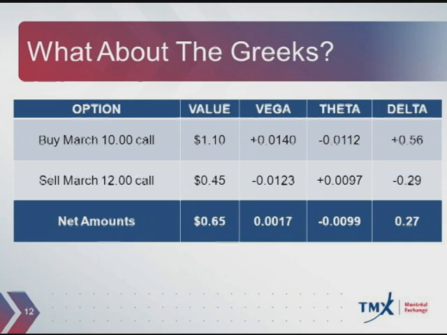The other benefit is from a time depreciation standpoint, and the Greek name for the time depreciation variable is theta. Anytime you buy an option contract, that option premium is in fact losing value at the rate of its theta. You'll see that March $10 call option has a theta of negative 0.0112.